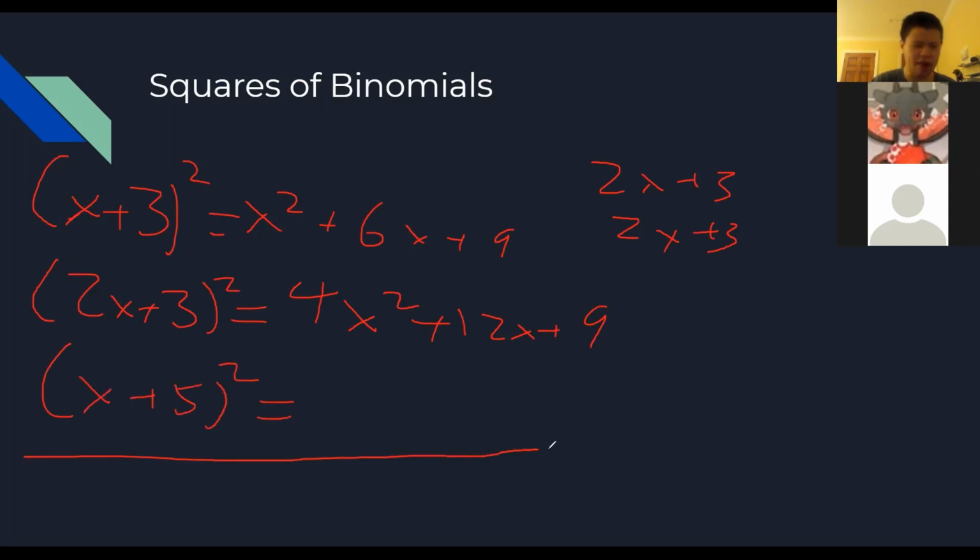So when you have all these binomials, do you see a pattern here? If I had something like ax plus b squared, what would that equal in terms of a, x, and b when expanded?